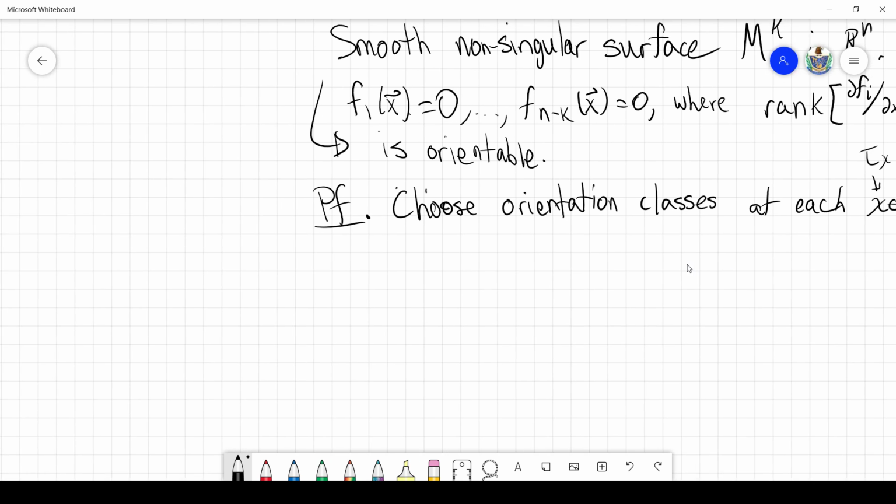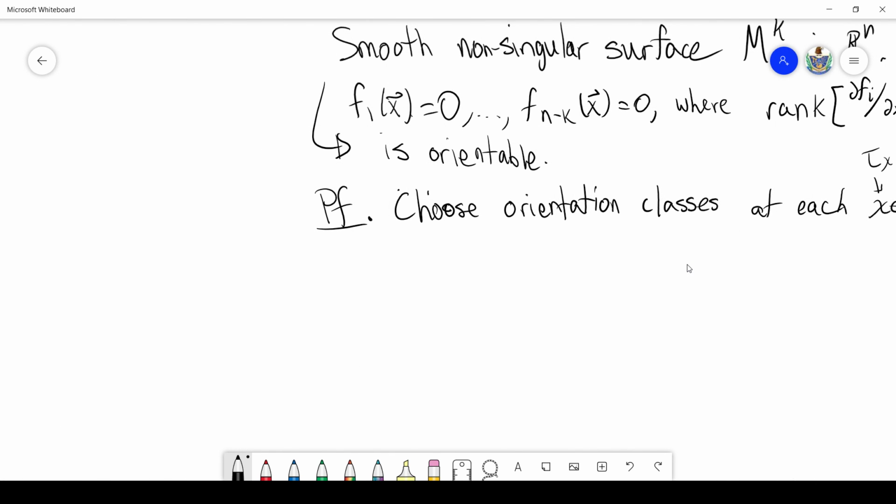So let's imagine this surface here. Let's say we're in R2, and let's say our surface is a circle. Because this is defined by the equation x1 squared plus x2 squared minus 1 equals 0.